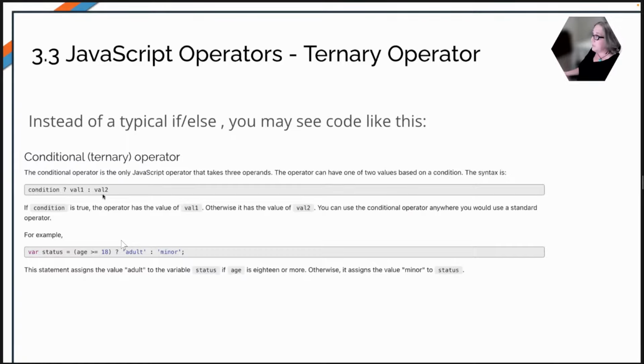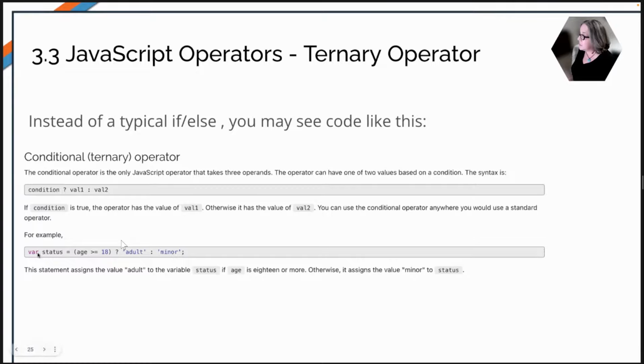Instead of writing the whole if else, which we're not really talking about yet until another unit, how it works is that if the condition is true, then you will do val. If the condition evaluates to false, you do val 2. So it's definitely like an if else. It just doesn't have those keywords in it.